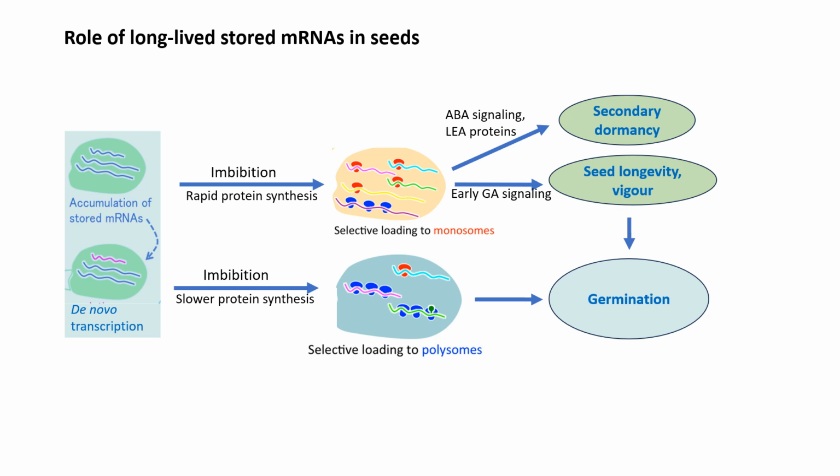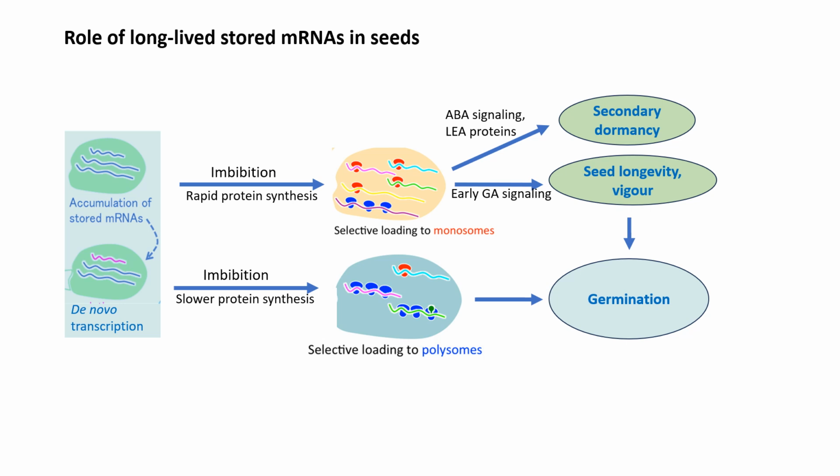and the synthesis of both proteins and RNA is eventually initiated. The mRNAs coding for the ABA-related and late embryogenesis abundant, or LEA, proteins, which are expressed during seed maturation, are some of the long-lived mRNAs stored in dry seeds. These are thought to play a role in the expression of secondary dormancy, which is observed in recalcitrant seeds.